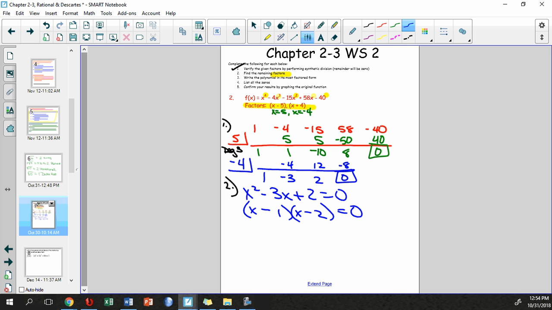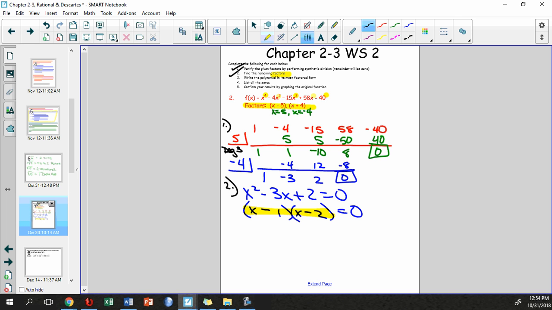Those are the roots. Did you hear what I just asked? Your factors have to look like your factors from your original problem. So these are my factors. Do we see that? Yes or no? We good? Okay. So did I answer part 2? I did. What's part 3? Write the polynomial in its most factored form.